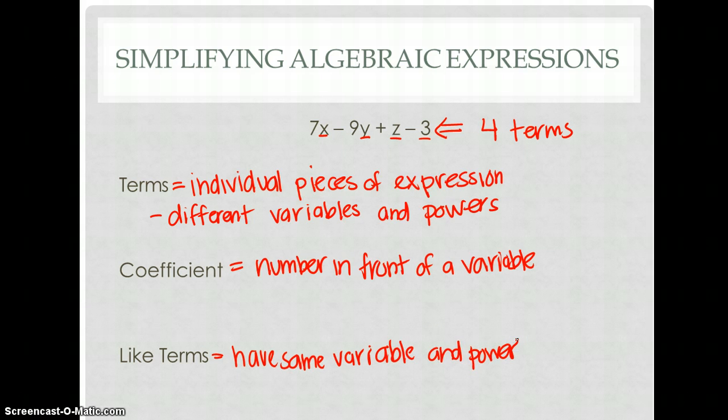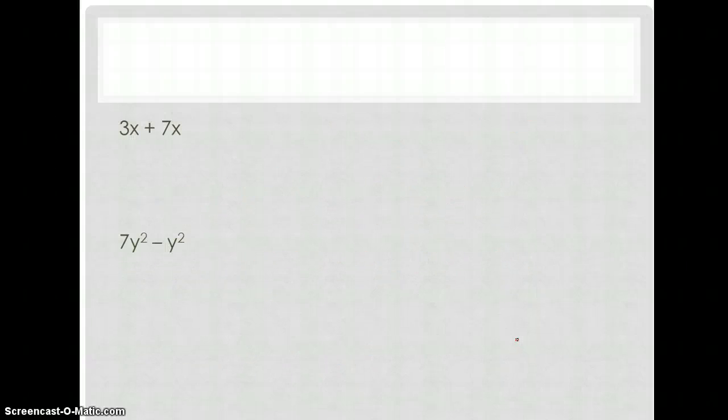When we're simplifying algebraic expressions, we can only combine like terms. So we are going to do one example quickly, and then I'll give you one to bring to class tomorrow. Just quickly, when we combine like terms, 3x and 7x would be 10x. I think you've seen this enough to know what 7y squared minus y squared would be, 6y squared. I'm going to leave you with this problem, which should be pretty simple, and we'll go over it in the morning.